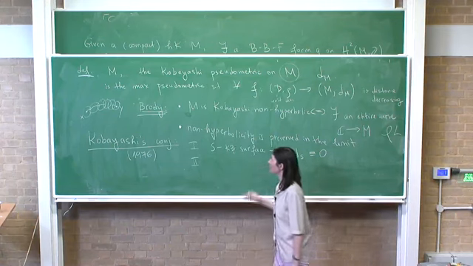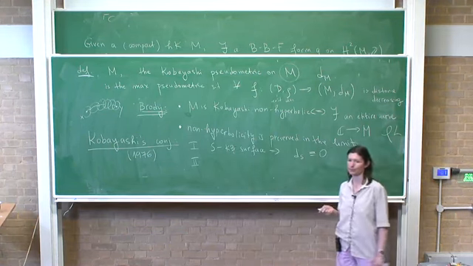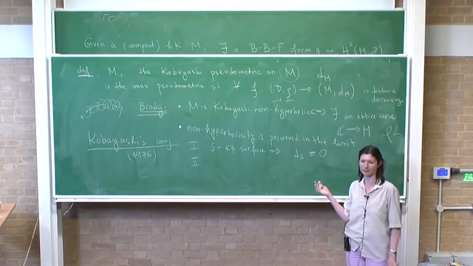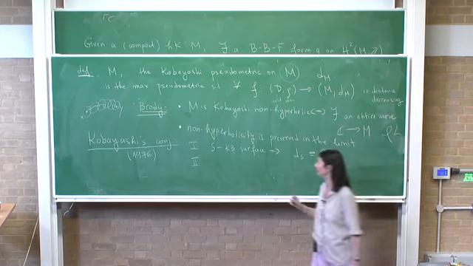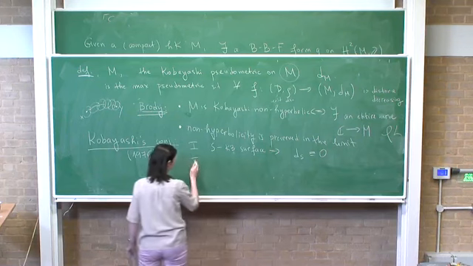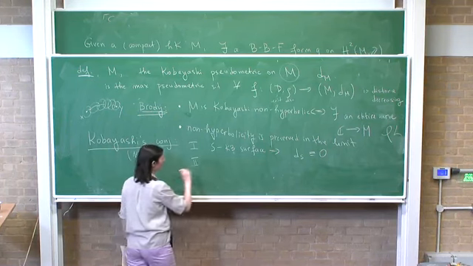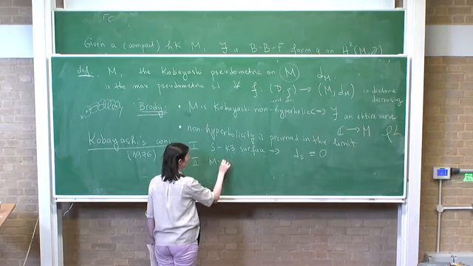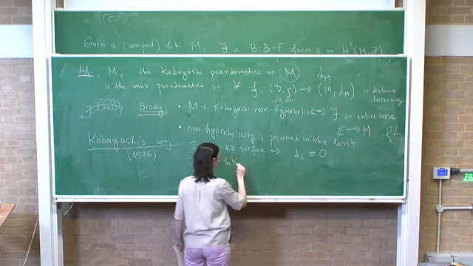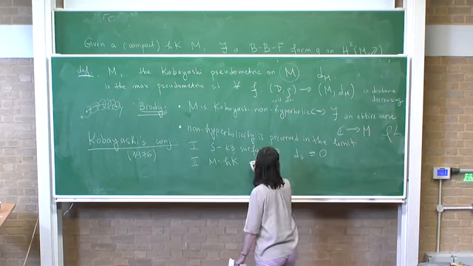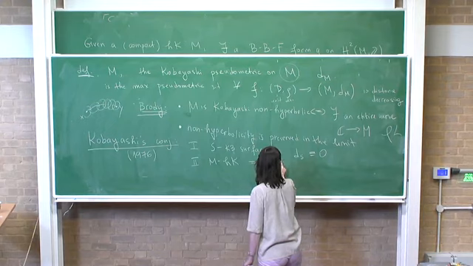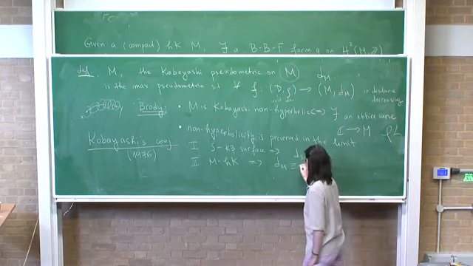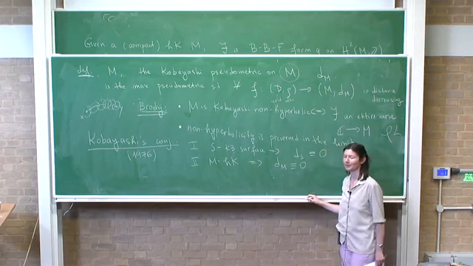And then he asked if something similar is true in higher dimensions, if you have a Calabi-Yau or hyperkähler manifold. So I'll state them in some order. The second conjecture is that if M is a hyperkähler manifold, meaning compact hyperkähler, then the Kobayashi pseudometric also vanishes.